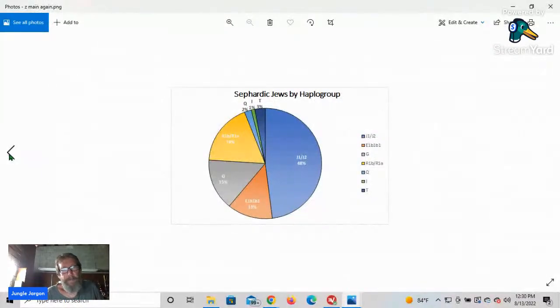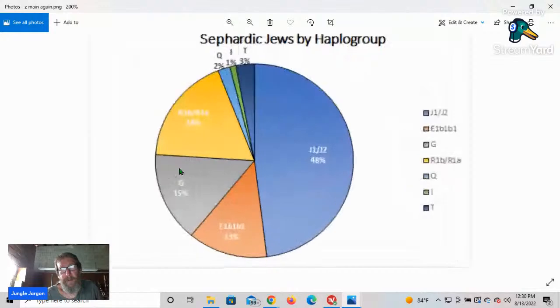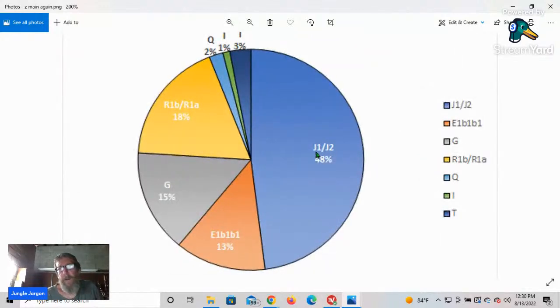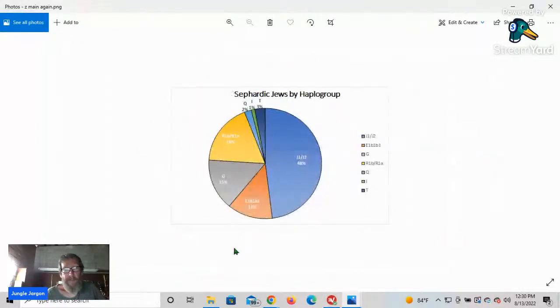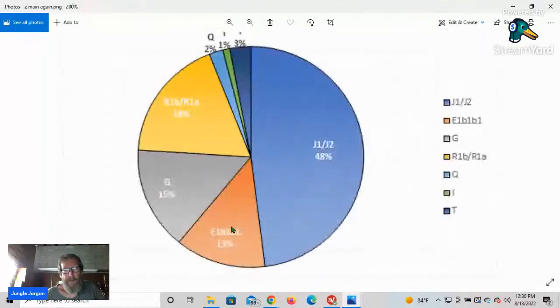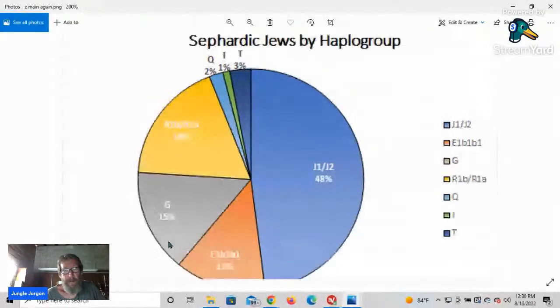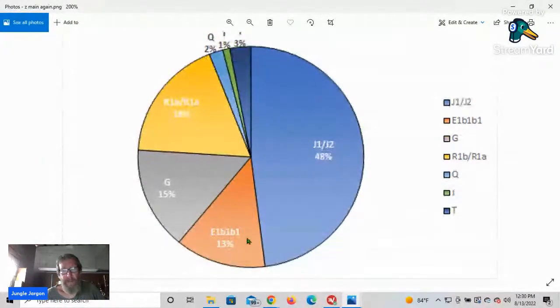But the Jewish people would be vindicated here, J1 and J2, the Sephardic Jewish population by haplogroup. And even though the Sephardic Jews are in Spain and Africa, there's not a whole lot of E in their population.